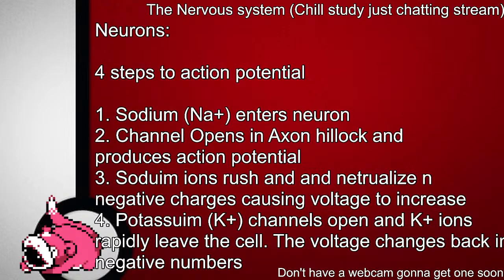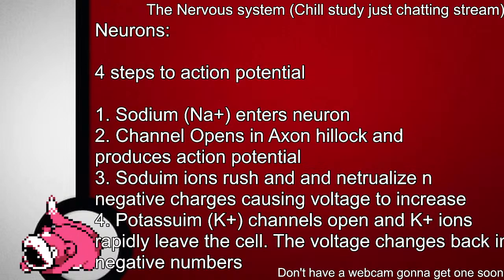Next step, the sodium gate opens up, and then the highly concentrated sodium, which are positive charges, rush into the cell when the cell has a bunch of negative charges in it, in its resting membrane potential, and then the sodium neutralizes the negative ions, and when this happens, action potential happens.